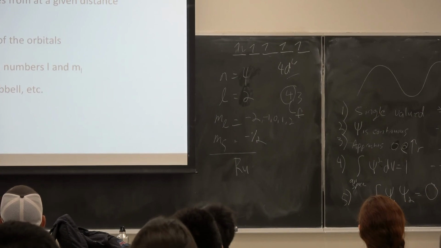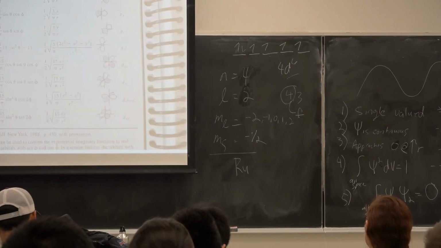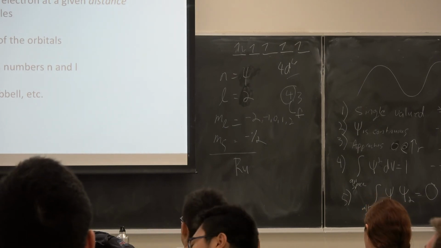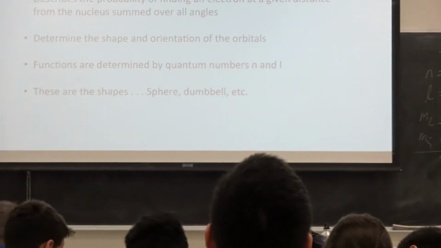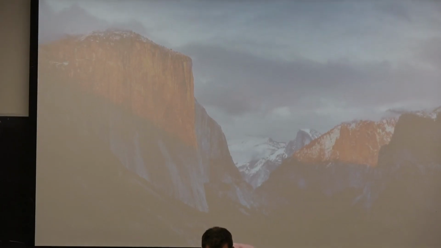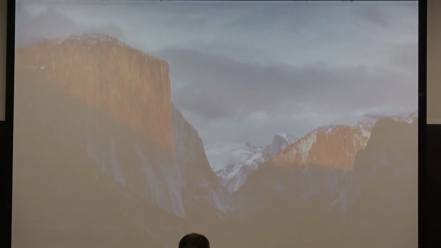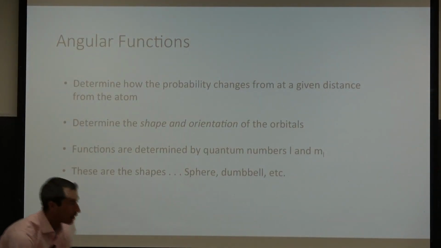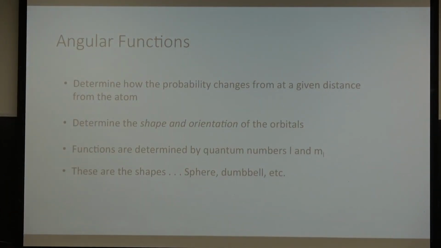Okay, so the angular function, no, we were doing radial, the distance. So that's the radial. Radial determines the distance, and then angular is what determines the shape, right?